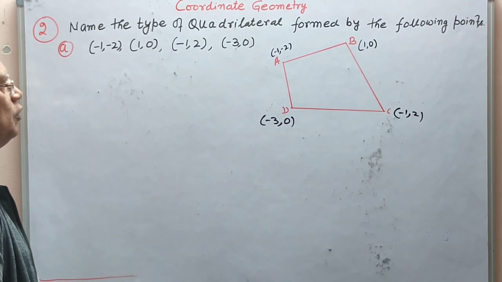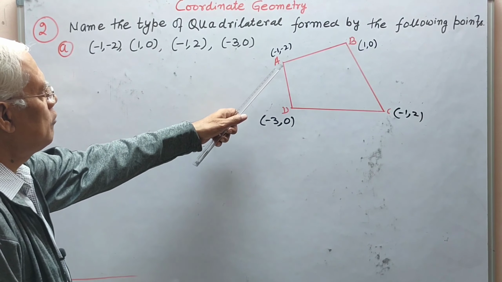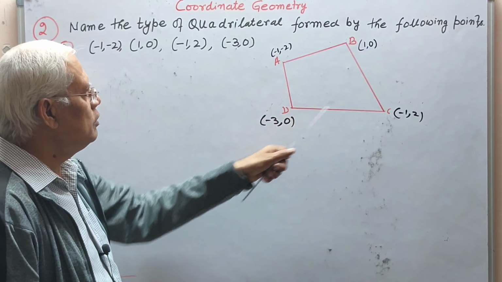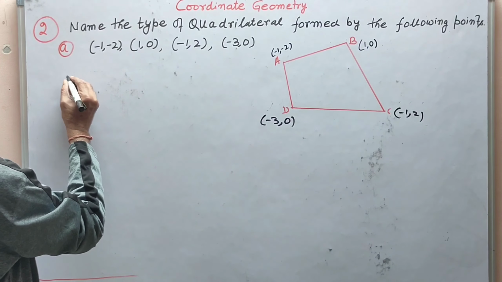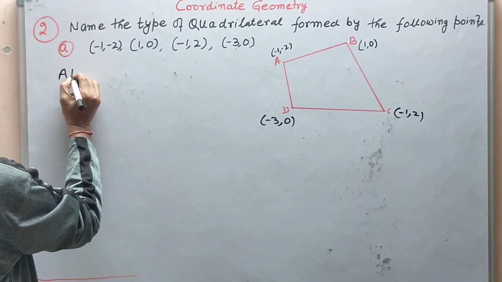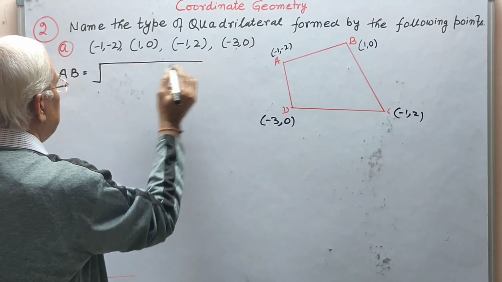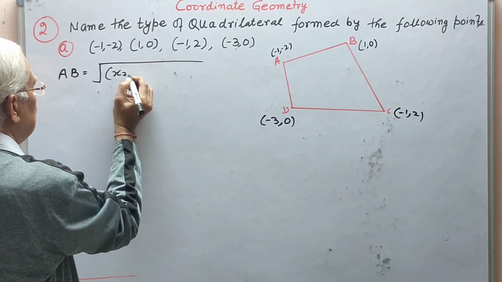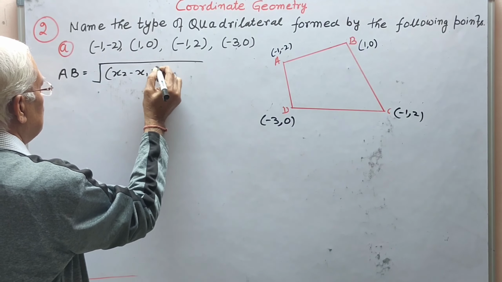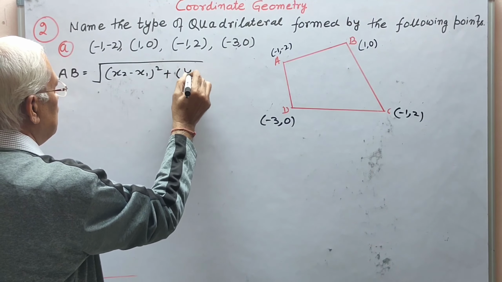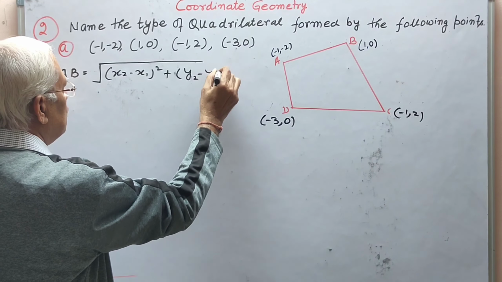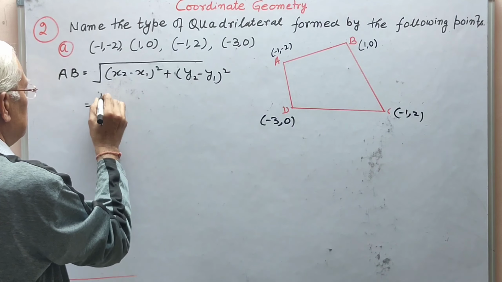Now with the help of distance formula, we will calculate the lengths of AB, BC, CD, DA. So AB is the square root of (x2 minus x1) whole square plus (y2 minus y1) whole square, distance formula.